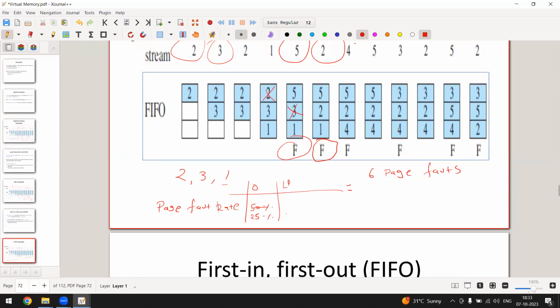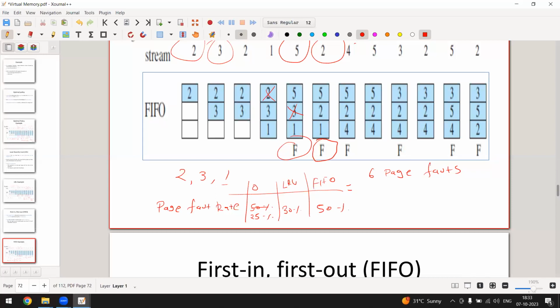For LRU, it was 30%, but for FIFO it is much higher, it is 50%. So you can see that the page fault rate highly increases in case of FIFO.